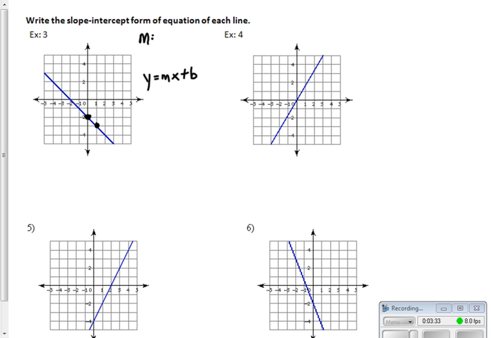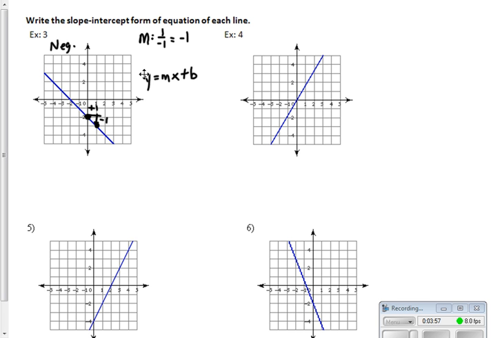Looking at this graph, it is decreasing, so I should have a negative slope. And then I can go ahead and construct that right triangle. So I go over 1, which is plus 1, I move it down to the right, and when I move down it is -1. So I have 1 over -1, which equals -1 for my slope.